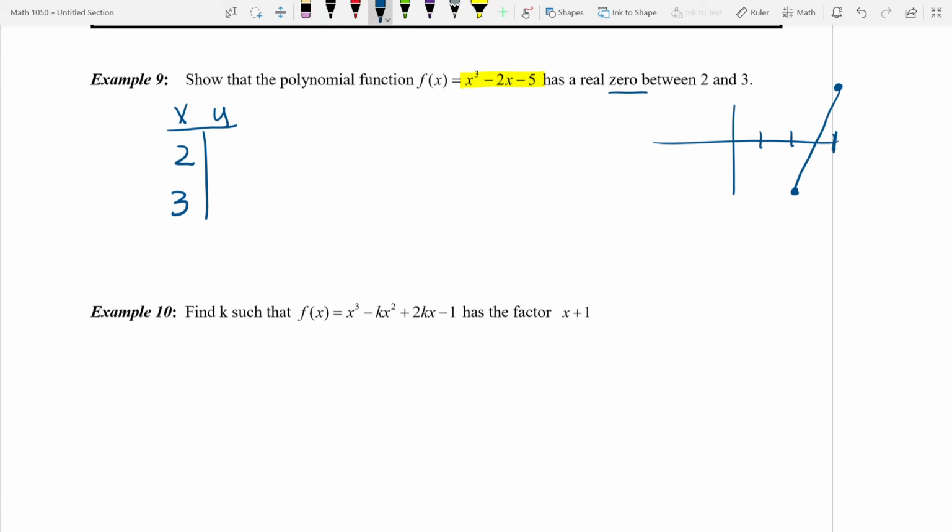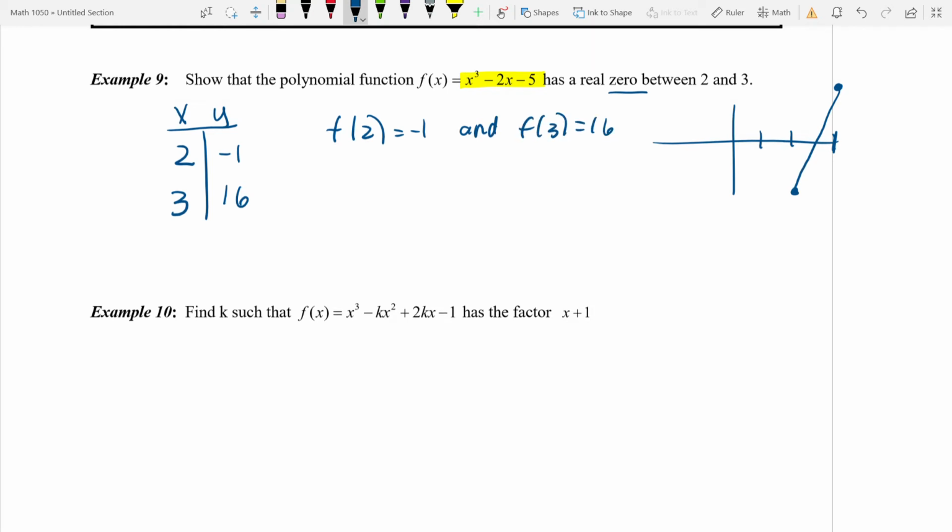Negative 1. Then put in a 3. 3, store, enter, up, enter, and I get a 16. If there's a sign change between those two, you know it has to have a real 0, okay? So, show that. I pretty much just did. So, f of 2 is a negative 1, and f of 3 is equal to 16, okay?